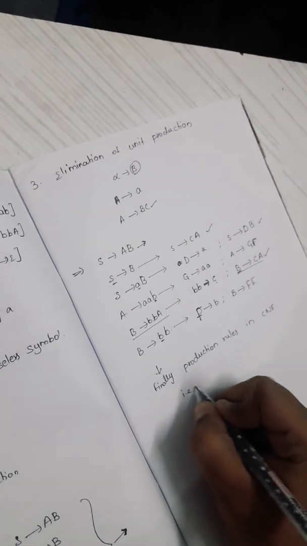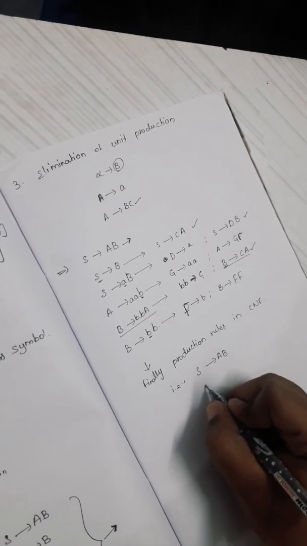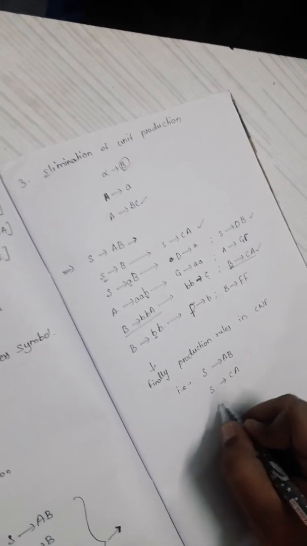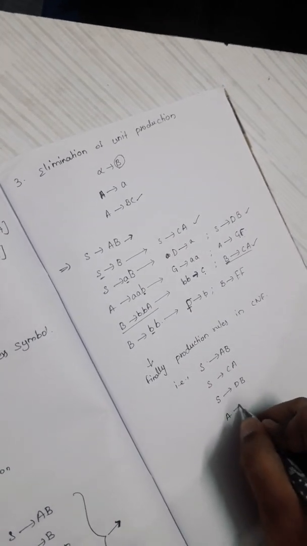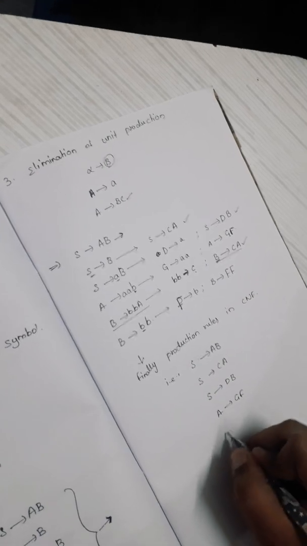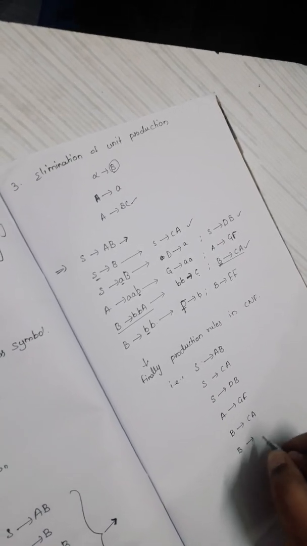They are S tends to AB, S tends to CA, S tends to DB, A tends to GF, B tends to CA, B tends to FF.